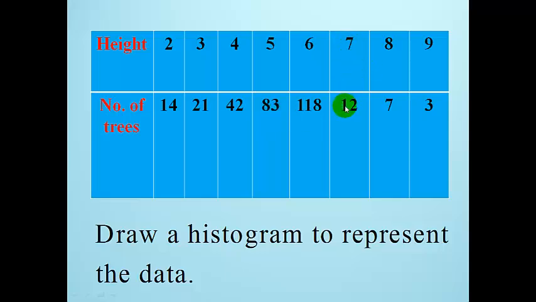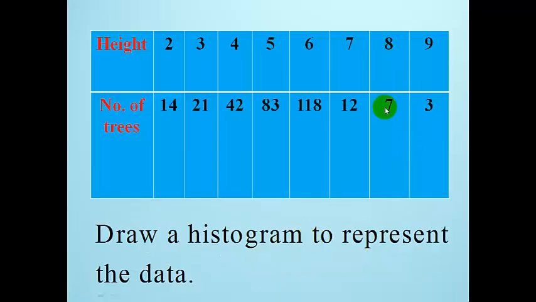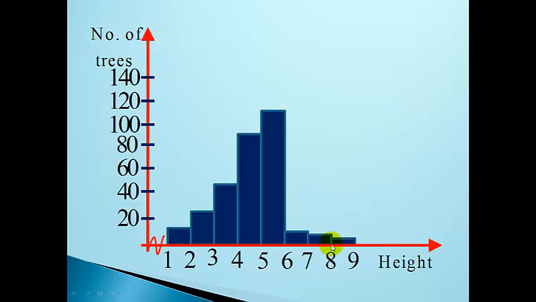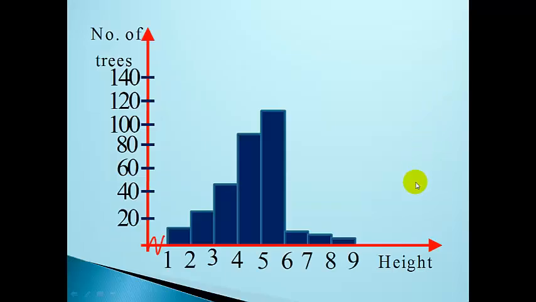7 corresponds to 12, so 7 corresponds to 12 on the frequency axis. 8 corresponds to 7, so we have 8 corresponding to 7 on the frequency axis. And 9 corresponds to 3, so we have 9 also corresponding to 3 on the frequency axis.